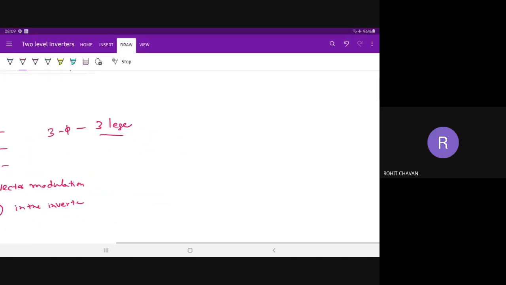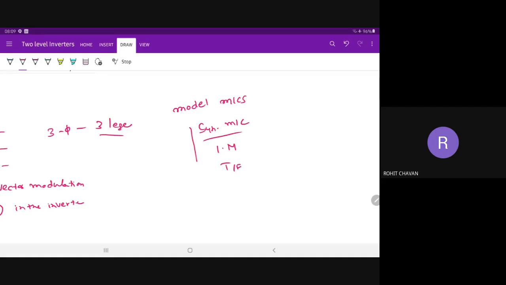In the early days, in the 1920s and 1930s, they were trying to model different machines such as the synchronous machine, induction machine or induction motor, and transformer.